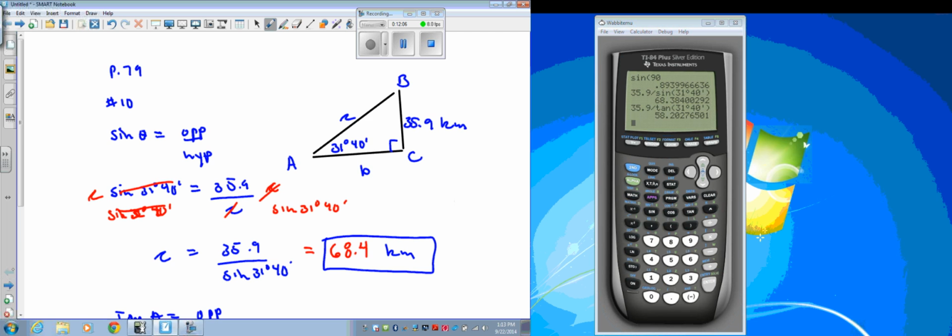I didn't finish the previous problem because I should have calculated this angle. And that angle B, the measure of angle B, is actually going to be 90 degrees minus the 31 degrees 40 minutes, because they've given us this angle, this side. And then we should calculate those two sides, which we did, and then that angle.